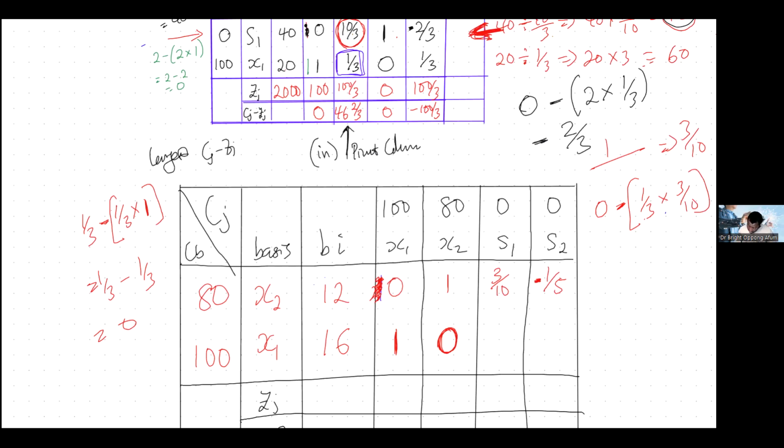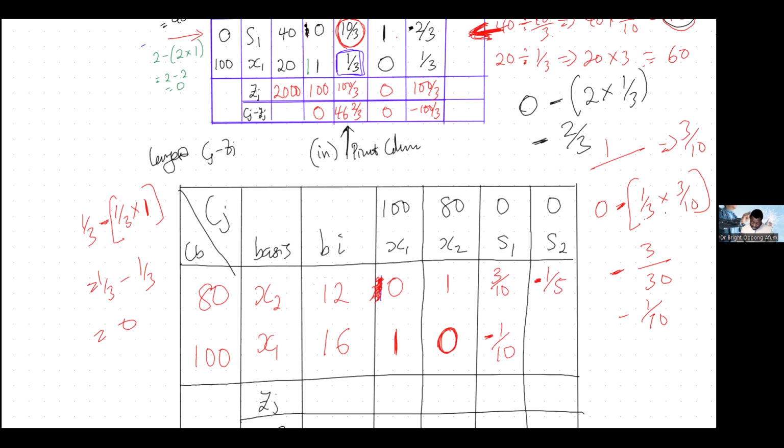So this one will be negative 3 over 30, right? Which is equal to negative 1 on 10. So here will be negative 1 on 10.